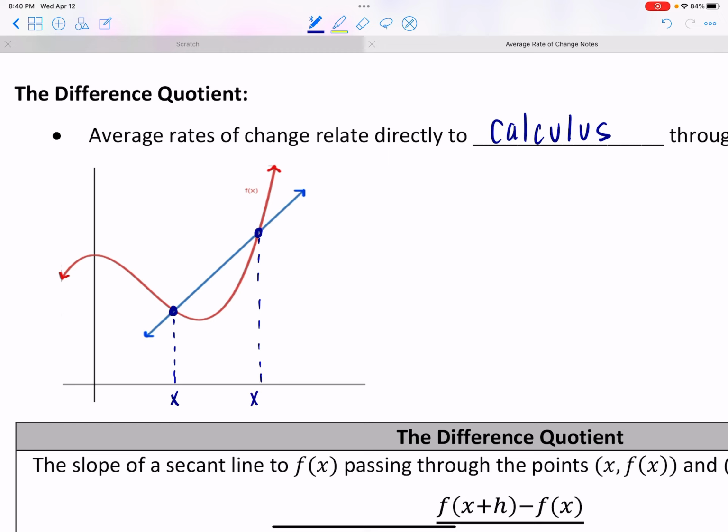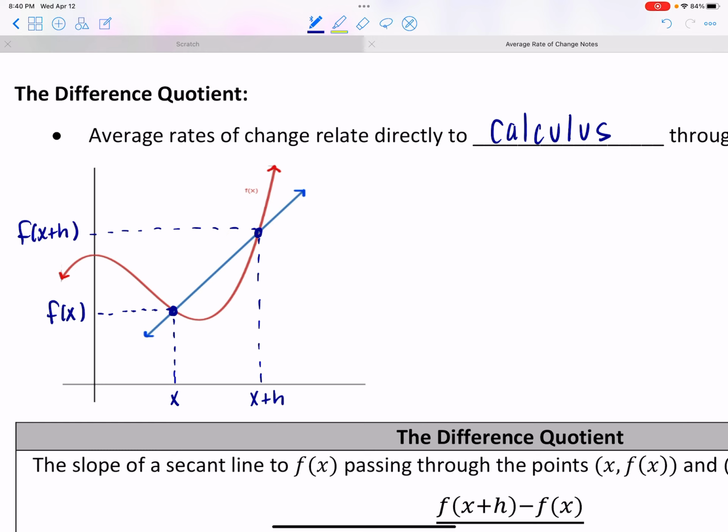So it's like h units away from x, so we're going to call it x plus h. So we started at x, and then we just added h to get to some point further down the line, okay? So we're going to call that x and x plus h instead of a and b, which means our output here would be f of x. Plug the input in, and my output here, and let's just pretend that these are straight lines, would be f of x plus h.